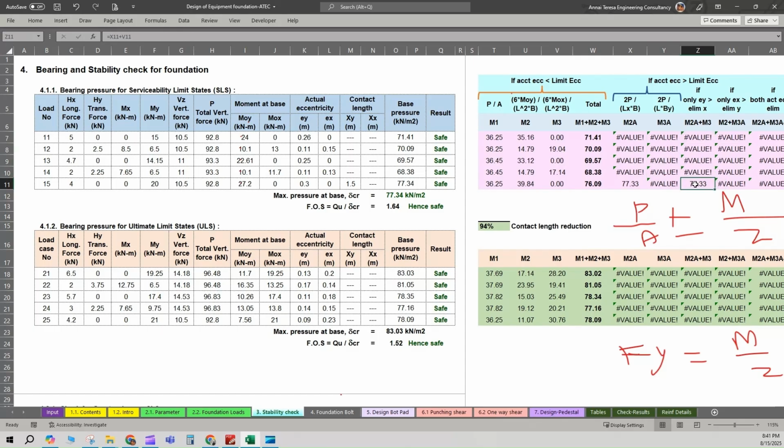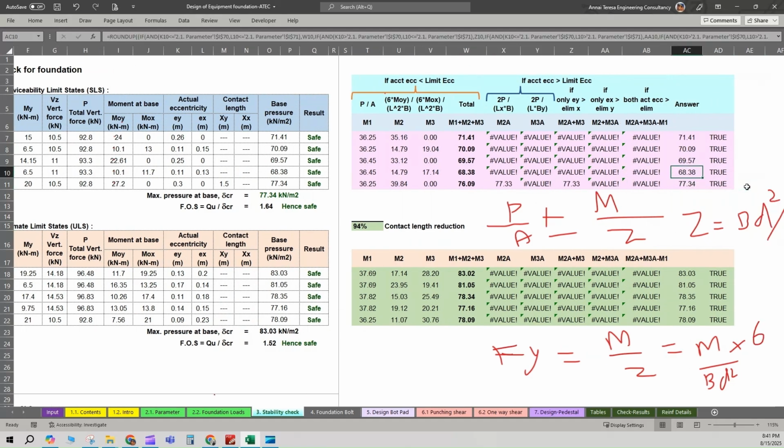Now we need to add this M2 plus M3, which is already here, which is 77.3. We need to add all the terms that are applicable, then we can find the base pressure. This is the method of calculating the base pressure.